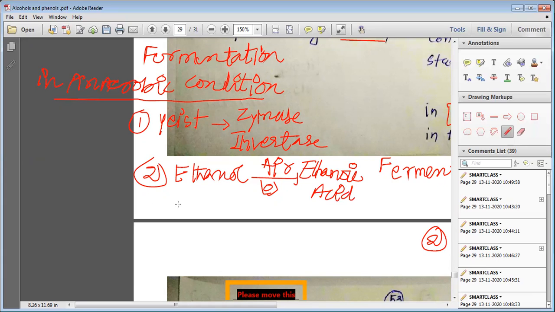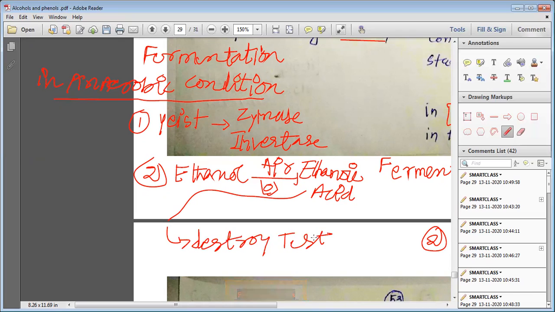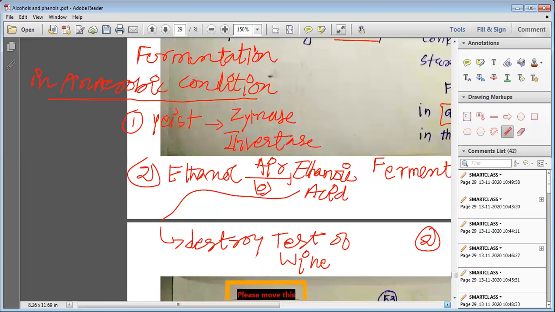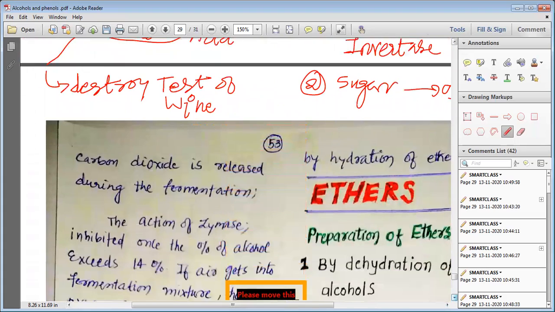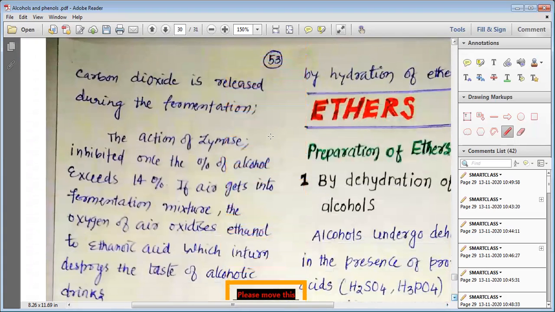This ethanoic acid destroys the taste of wine. So these are the two major reasons why wine making is done in anaerobic conditions. Now let's move forward and understand the next part.